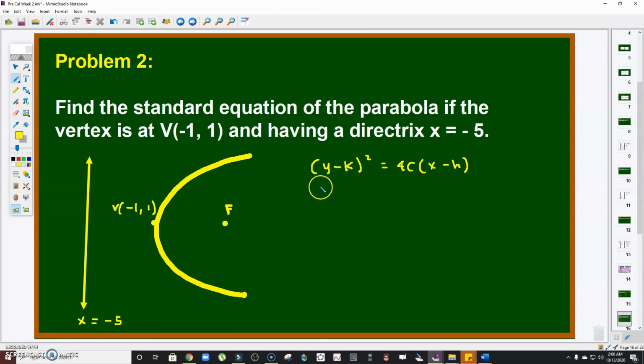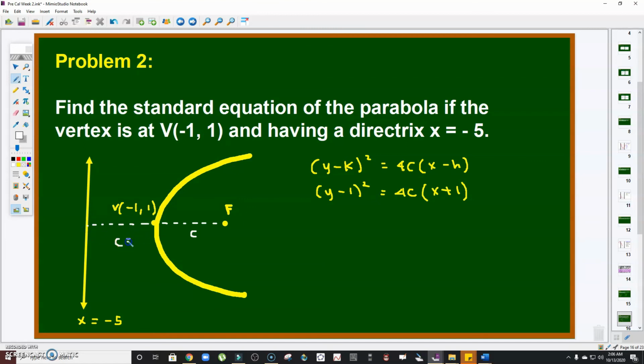Now, we have the vertex. So, I'm going to have y minus k. So, reverse ko lang yung sign ng k ko dito. So, y minus 1 squared equals 4c times x minus negative 1, or x plus 1. Clear? Now, ang kailangan ko na lang is c. Take note, this is c, but since we don't have the focus, hindi siya given, take note, c din yung distance from vertex to the directrix.